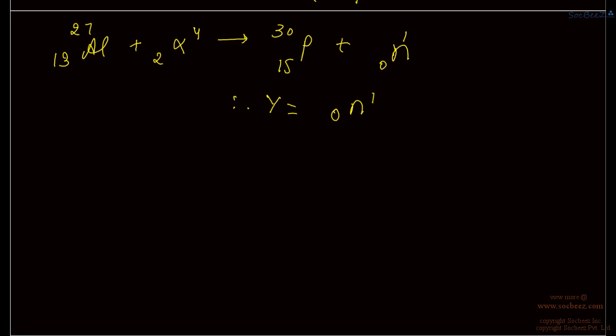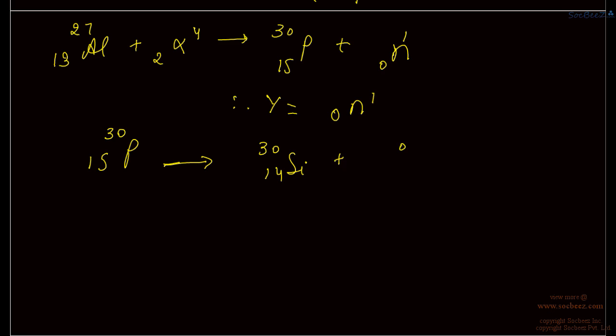Okay, and now the third part, 15p30, is undergoing a change to 30 Si14. Now since atomic mass is already balanced, there is no mass.